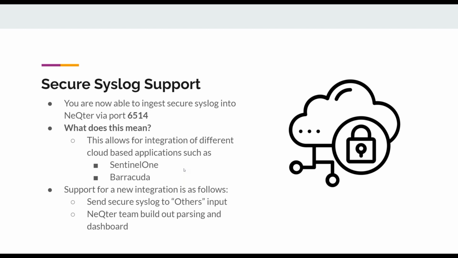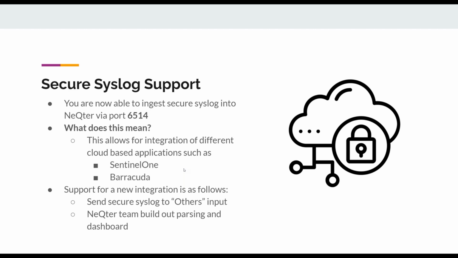One of the reasons that we added this was there are certain cloud apps or SaaS products that do export logs via secure syslog. They provide you with a public IP. You're able to send this secure syslog out, ingest it into NeQter. So you'll have to have a port forwarding for port 6514 into NeQter.